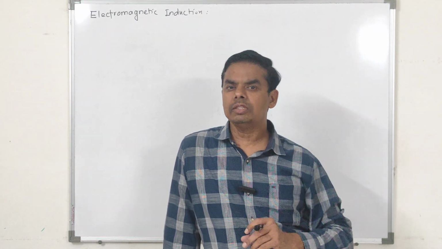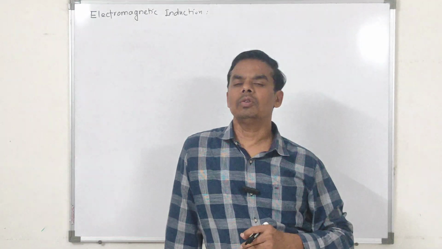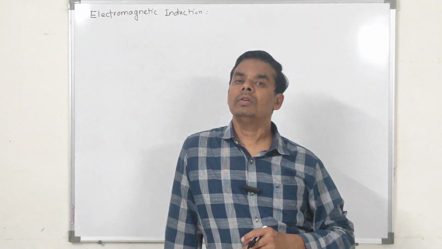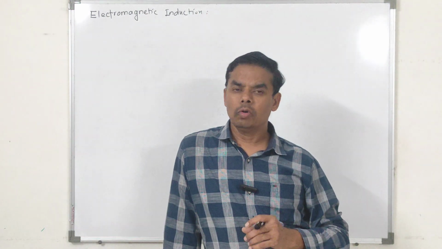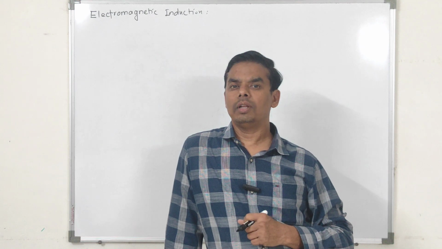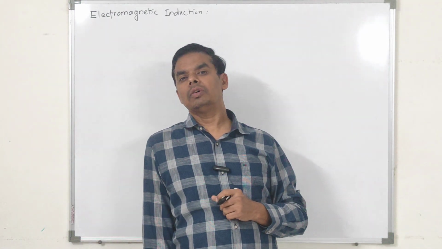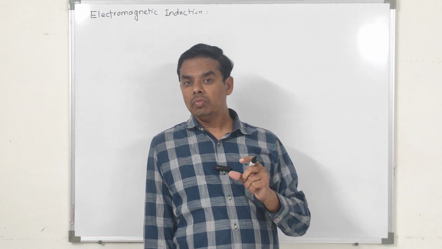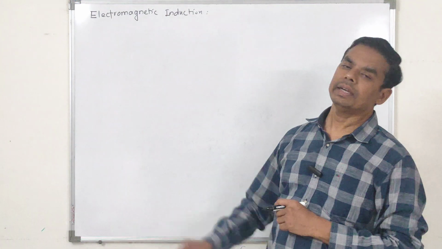But if the circuit is closed, then this induced EMF will induce a current in the coil. This phenomenon of induction of current in the coil due to induction of EMF, due to change in magnetic flux associated with the coil because of relative motion between coil and magnet, is called electromagnetic induction.